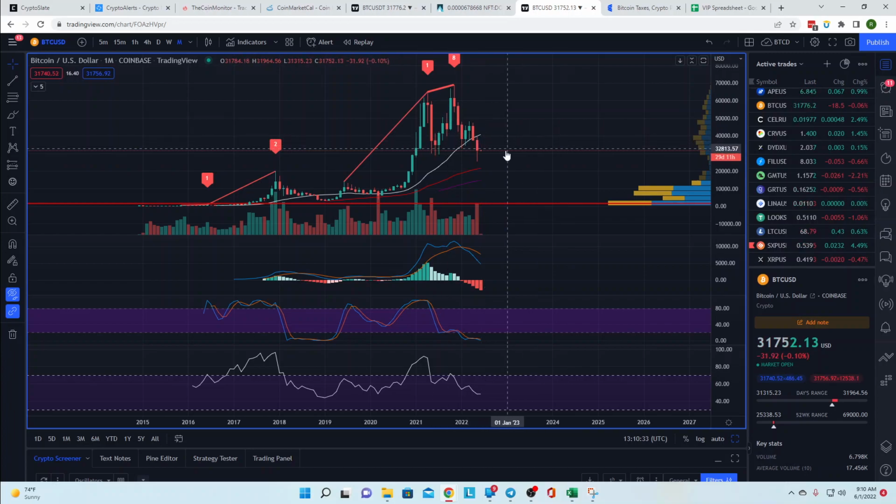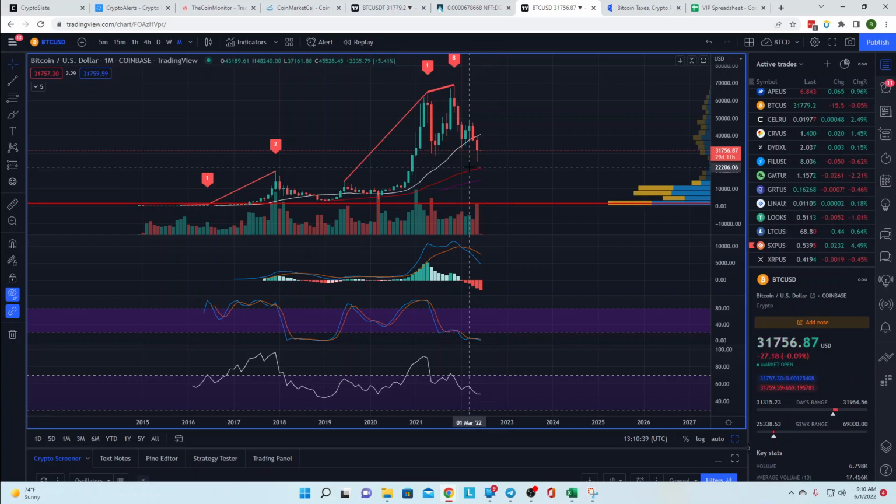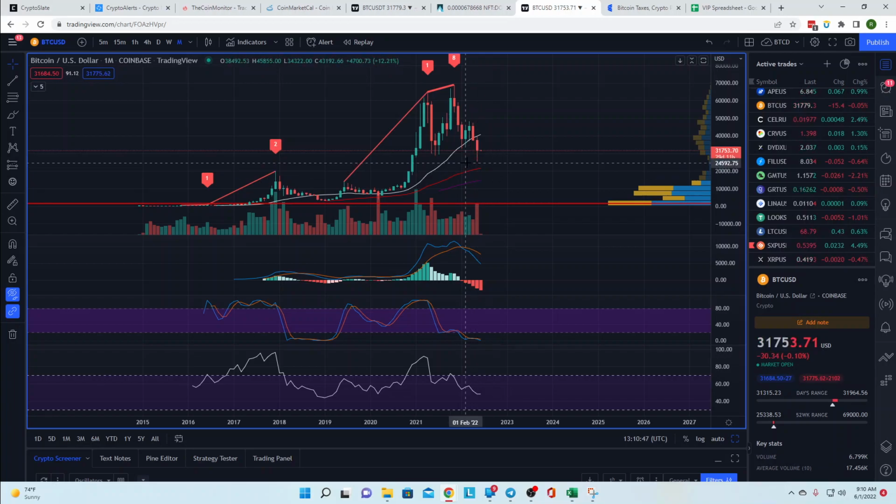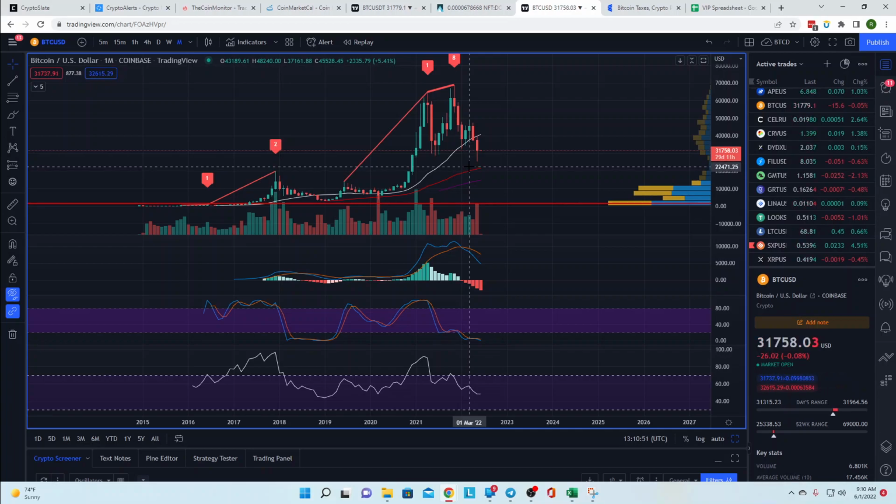Looking at the monthly, it seems fairly safe to say that I would call this level here the floor, which is a number we've been talking about as a potential, at least, because it's also fairly close to the level of the 200 moving average on the weekly chart.